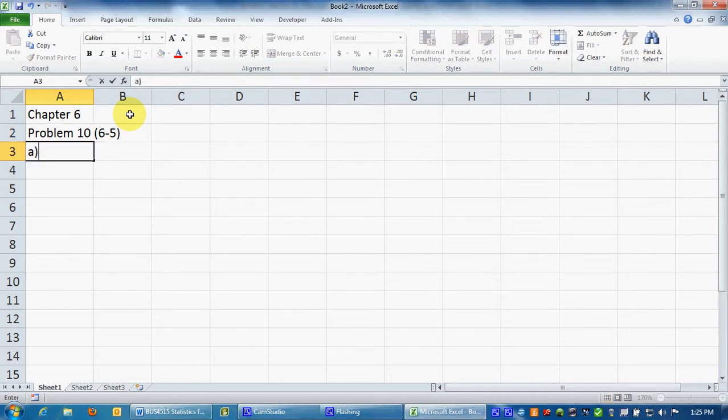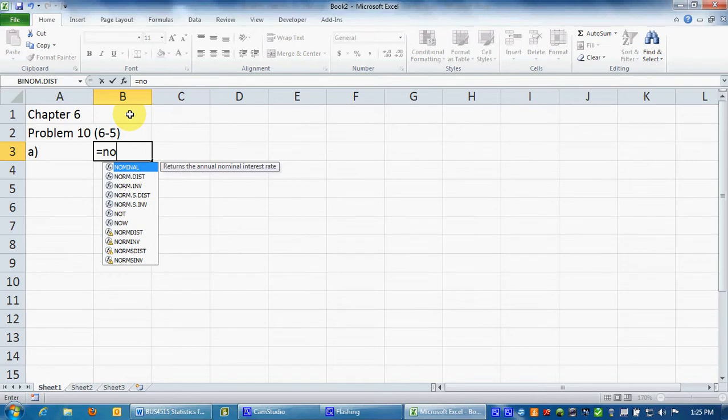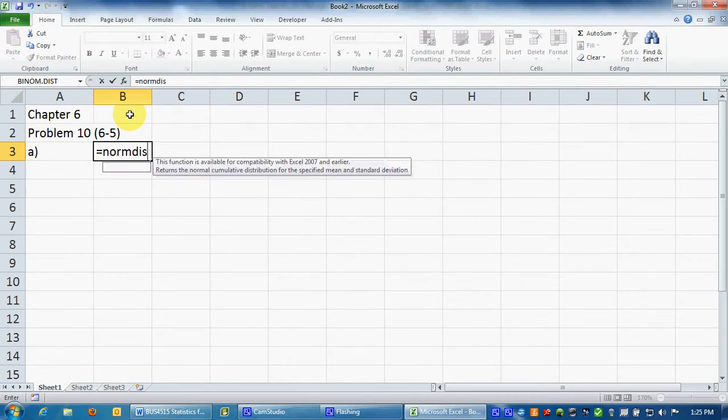Part A of the problem. If one person is randomly selected from the general population, find the probability of getting someone with an IQ score of at least 133. Alright, so we're going to use the norm distribution. And you see it tells you what you need. You need the x, the mean, the standard deviation, and the cumulative argument.